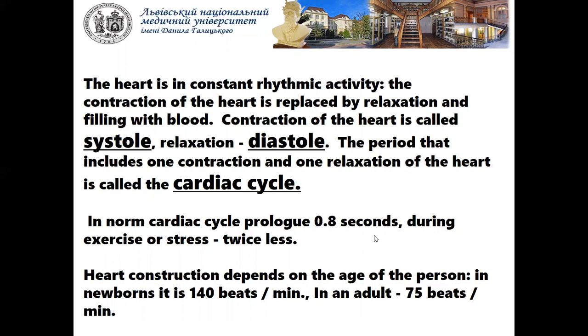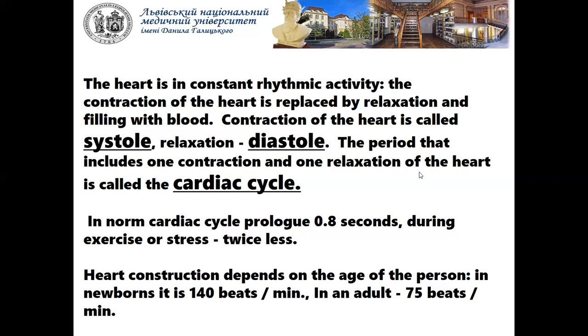A normal cardiac cycle lasts near 0.8 seconds. The normal systole of the atria is 0.1 seconds, the systole of the ventricles is 0.3 seconds, and the general pause is 0.4 seconds.